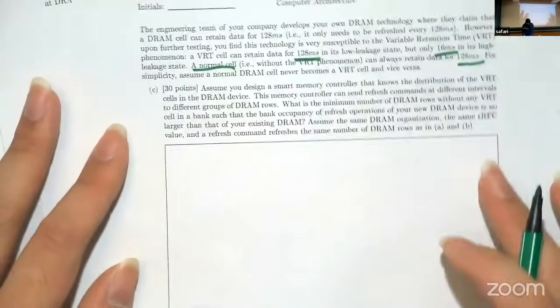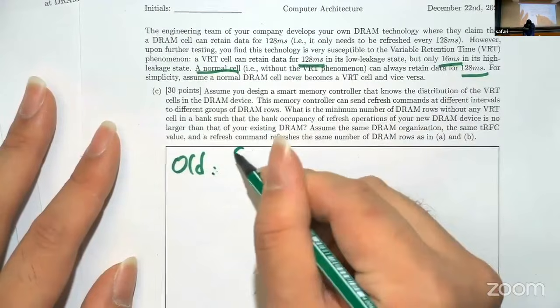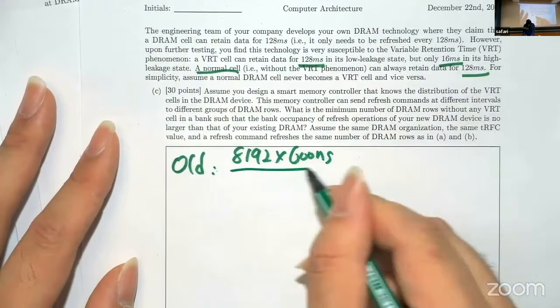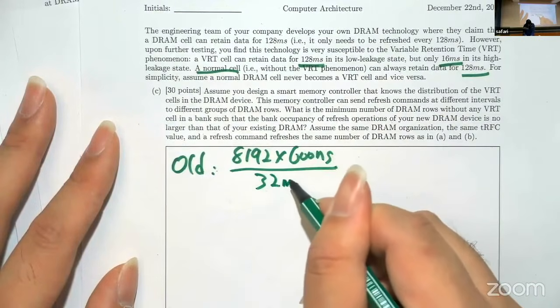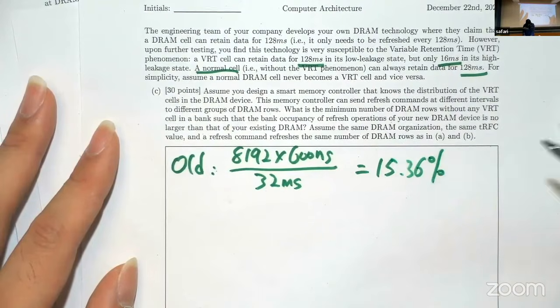So let's say the old occupancy is 8K times 600 nanoseconds over 32 milliseconds, equal to 15.36%. Is this correct?